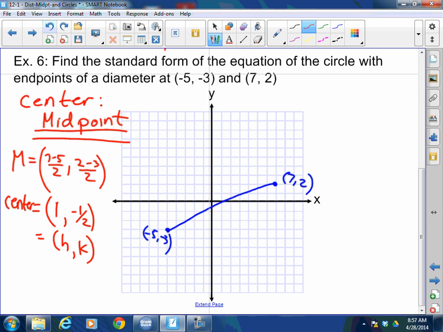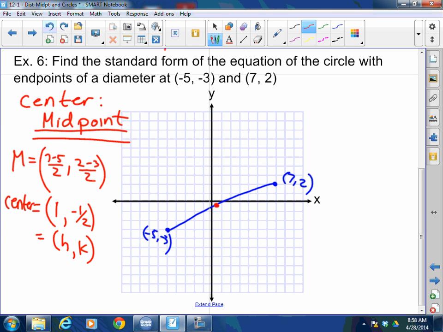Which is pretty darn accurate. It's right there. Yeah. So, x1 plus x2 divided by 2, comma, y1 plus y2 divided by 2.